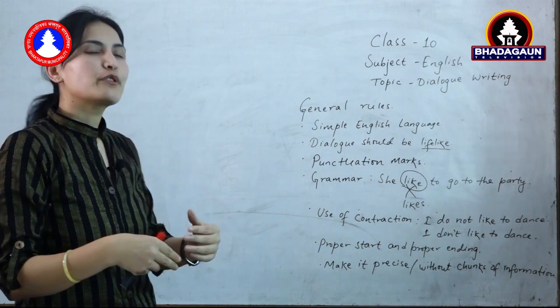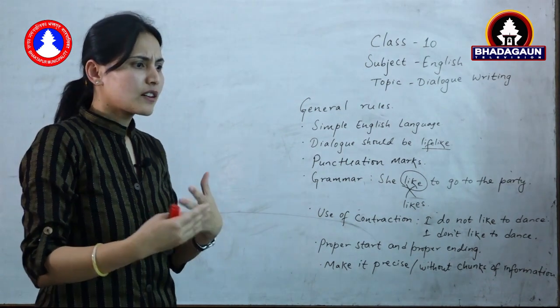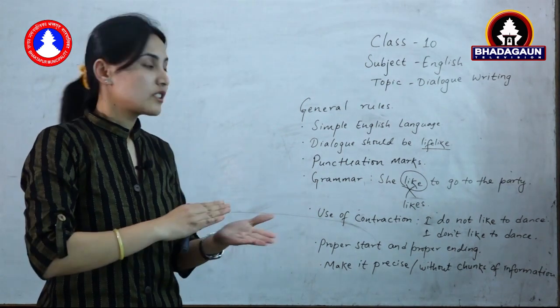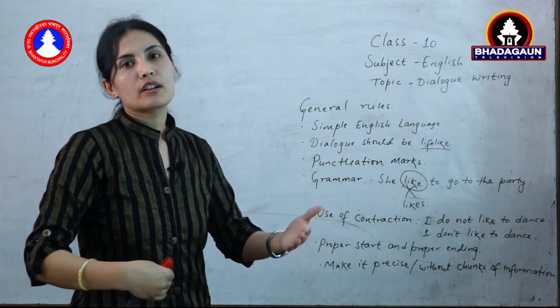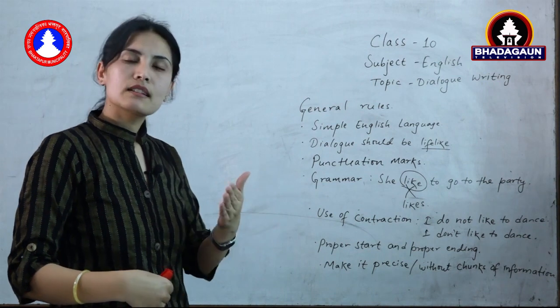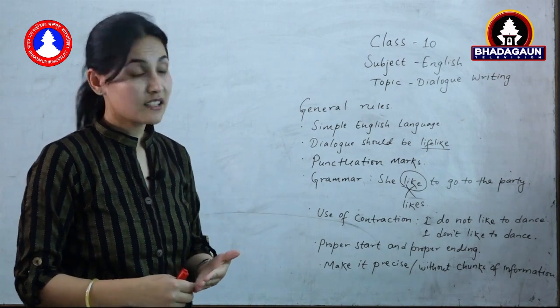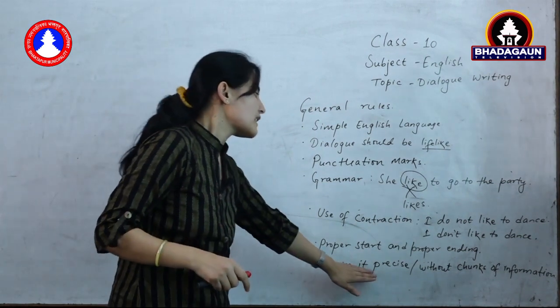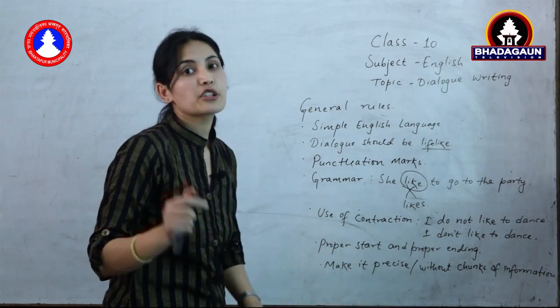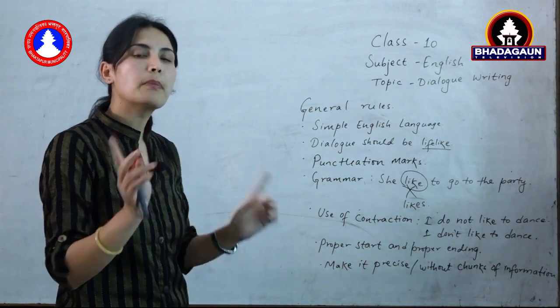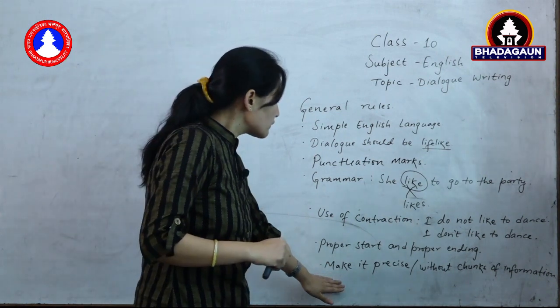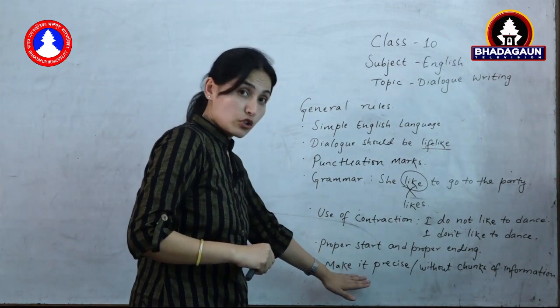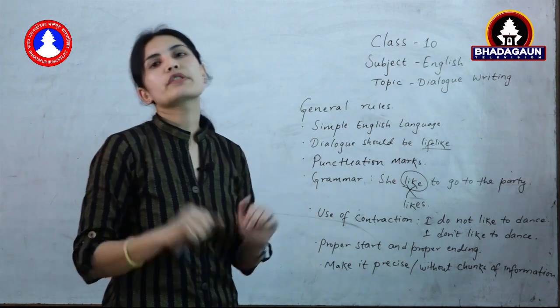Whenever we write dialogue, we start our creativity in such a way that we tend to write very long dialogue. So focus on that. There must be 6 exchanges, and make it precise, meaning there must be the information that you are to give. Of course, you are bound within the situation. So whenever you write the dialogue, make it precise and don't add chunks of information.